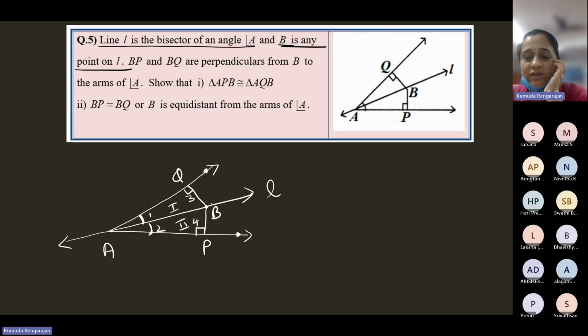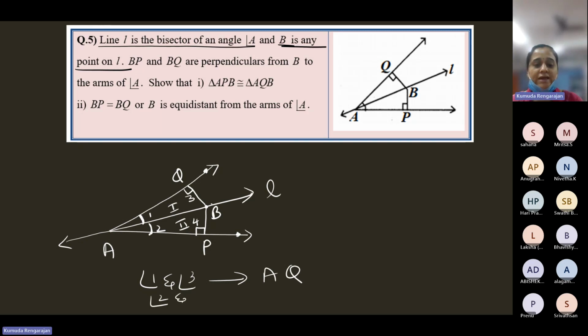Very good, Bhavishya. And somebody else, not Bhavishya, tell me which is the side included by the angles 2 and 4? Ma'am, AP.